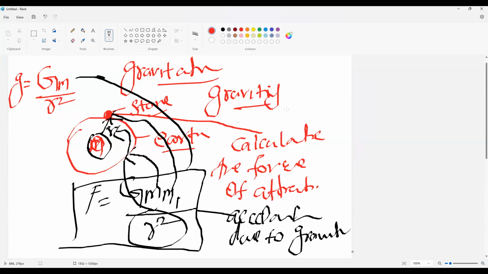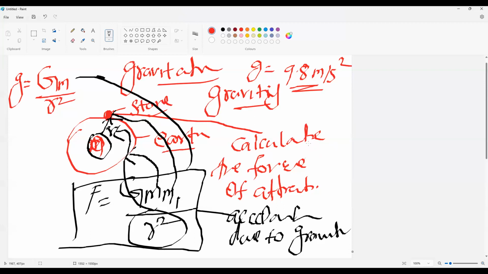What is the small g value? Acceleration due to gravity is 9.8 meter per second squared. Did it change to 10, or is it 10 or 9.8? It is 9.8, my dear. The exact value is 9.8, but for numerical calculations we can take it as 10.